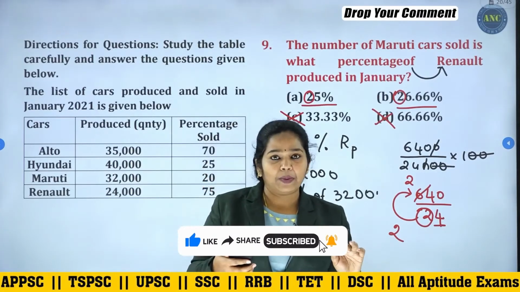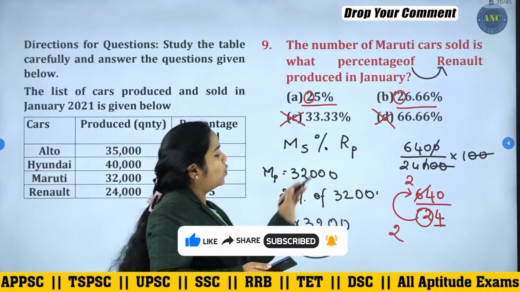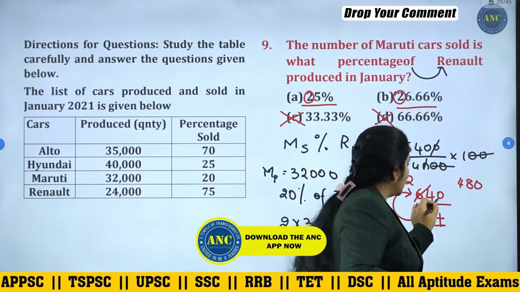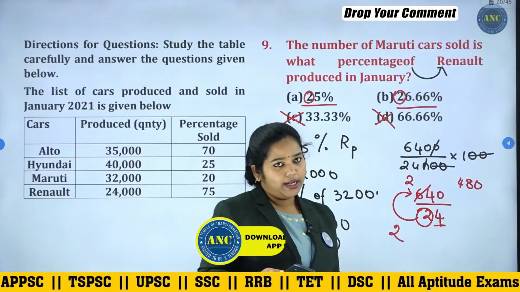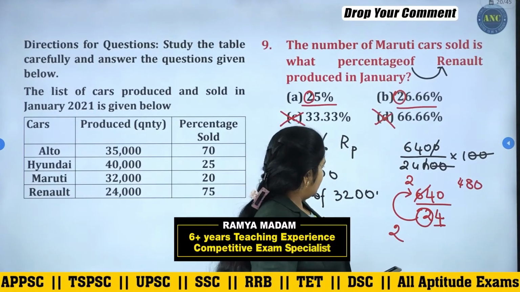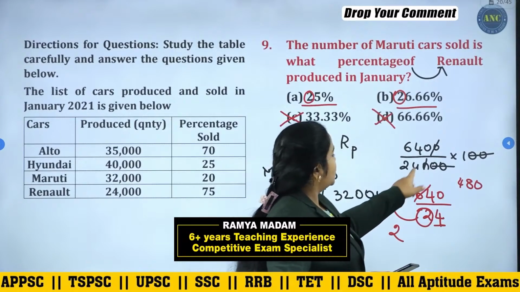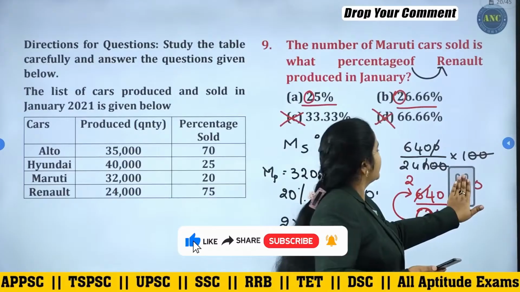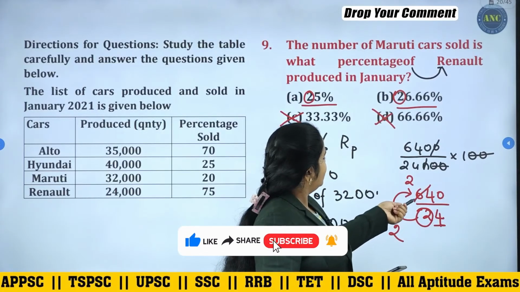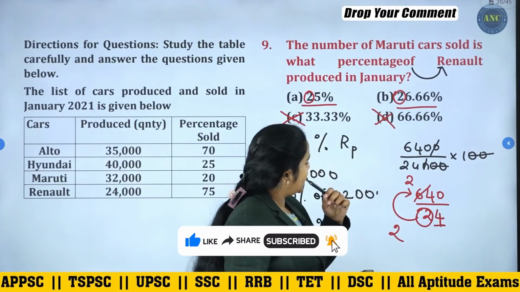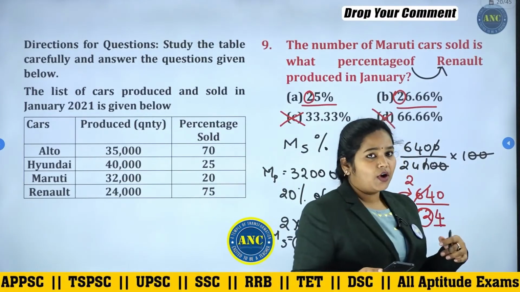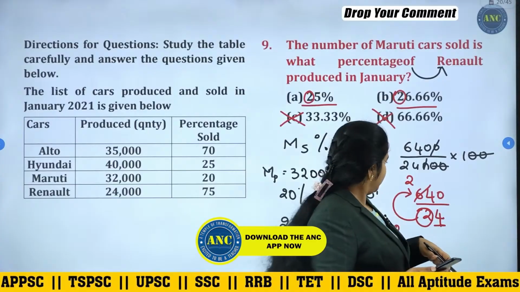Now, how much is remaining? 24 2s are 48. Subtraction: 64 minus 48, how much do we get? 60 minus 40 is how much? 20.